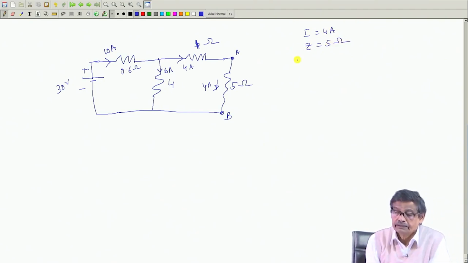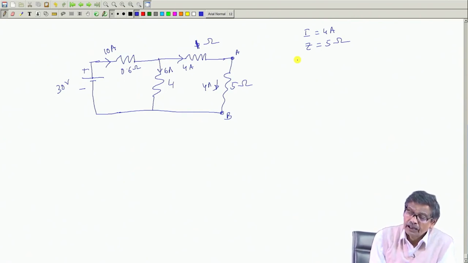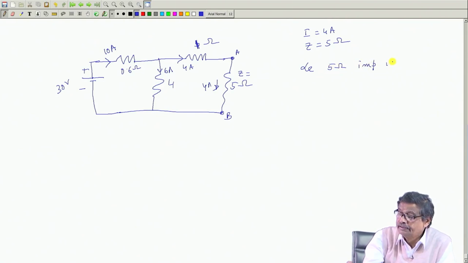Now, I say that this Z has been increased: Z was 5 ohm, let this 5 ohm impedance be changed to 8 ohm.